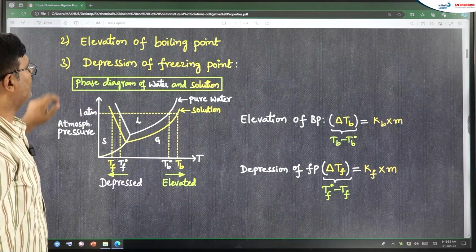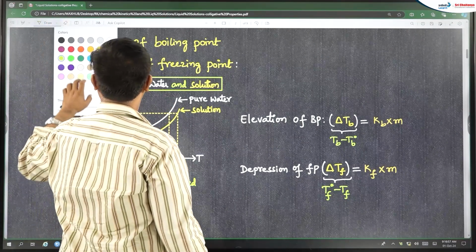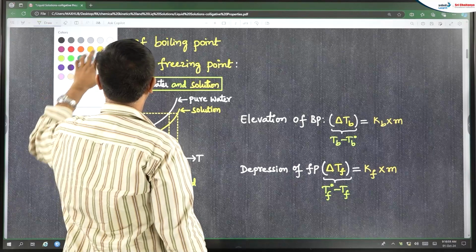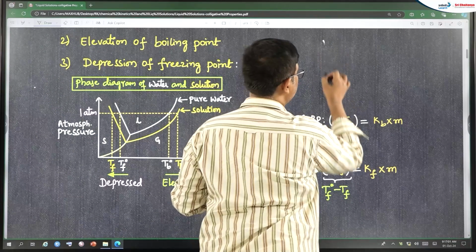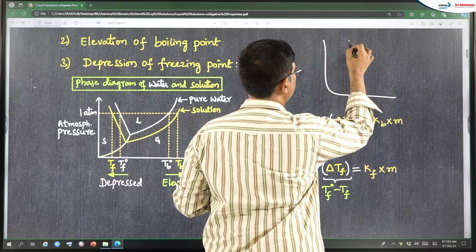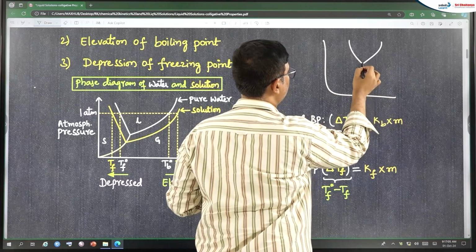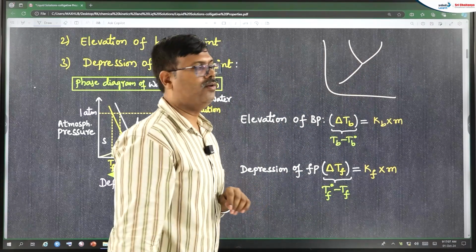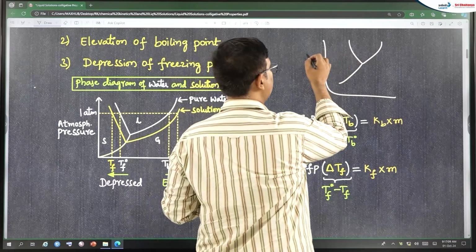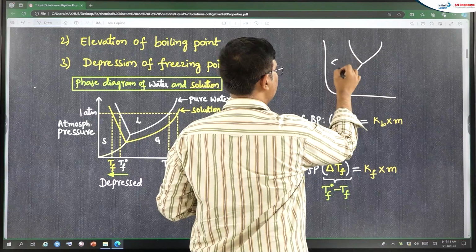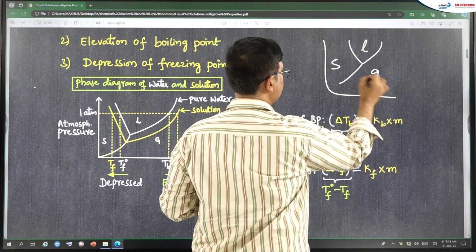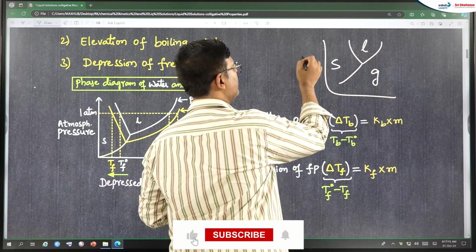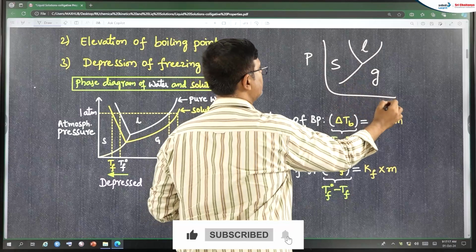If I draw the phase diagram of pure water, something like this will come. Here will be solid, here liquid, here gas. What is the meaning of this?